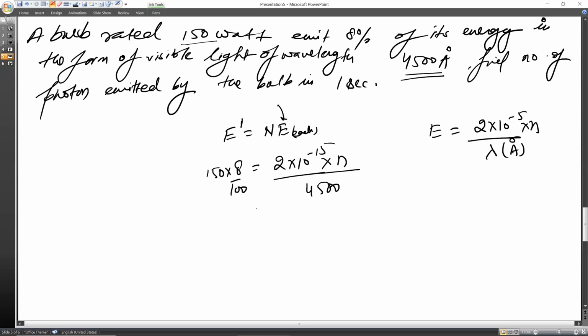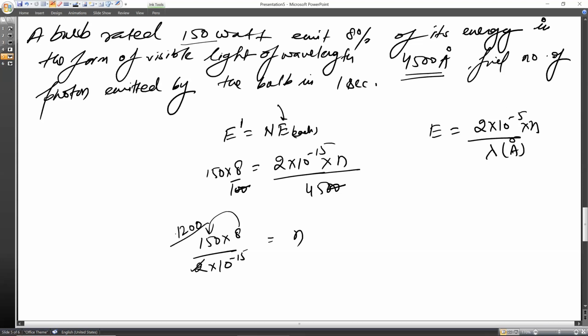Got it? So now this 20 and this 20 will get cancelled out. Now this 15 will come down. Here it will be 150 into 8 upon 2 into 10 to the power minus 15 is equal to n. Got it? Yes, sir. So when you multiply these two, how much will you get? 120 when you multiply this one, and this is 1200.